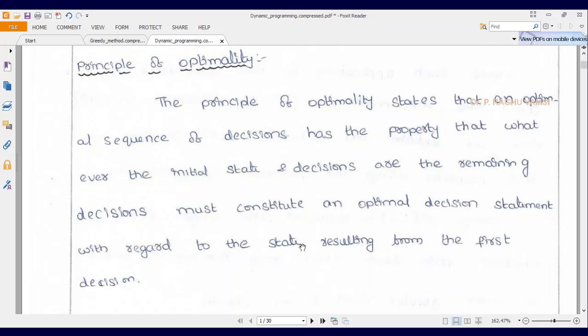The same principle of optimality we might have seen in the philosophical talk with our elders. Philosophical talk in the sense of a motivational talk at home, from elders.